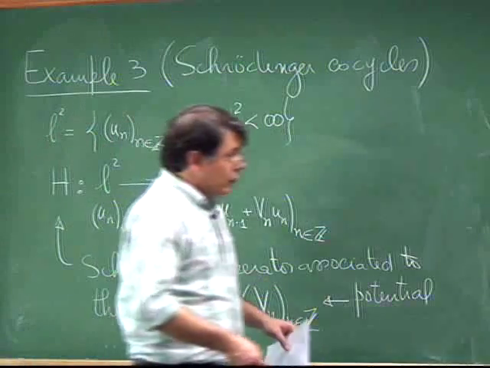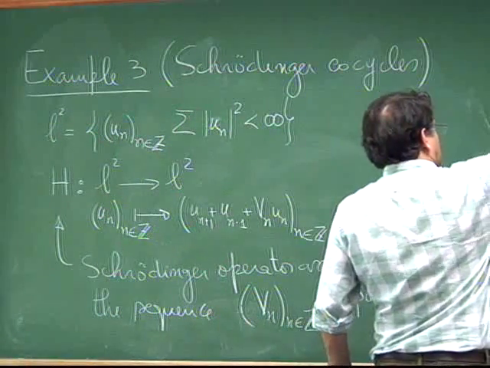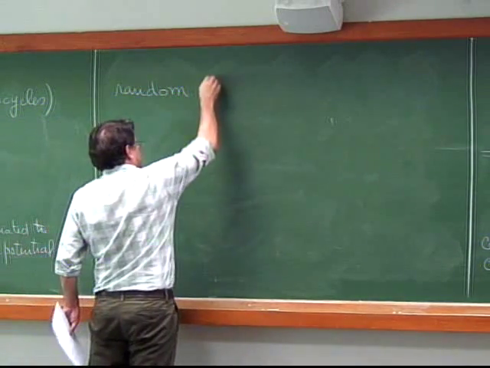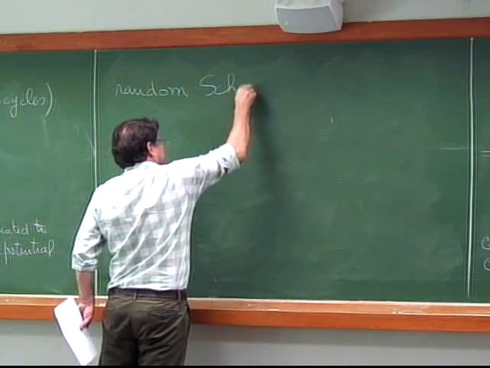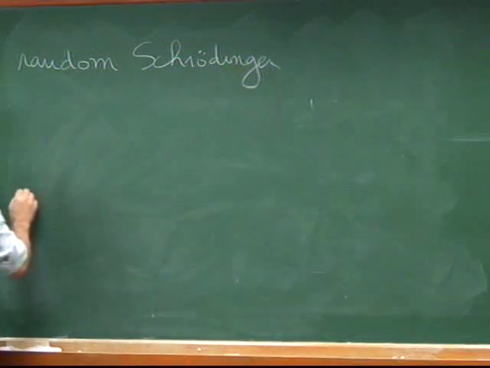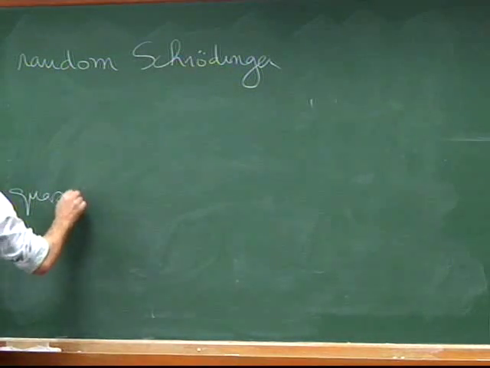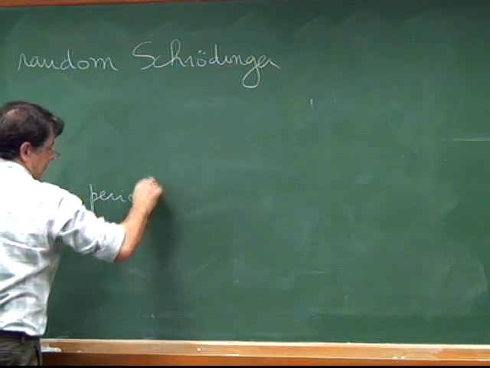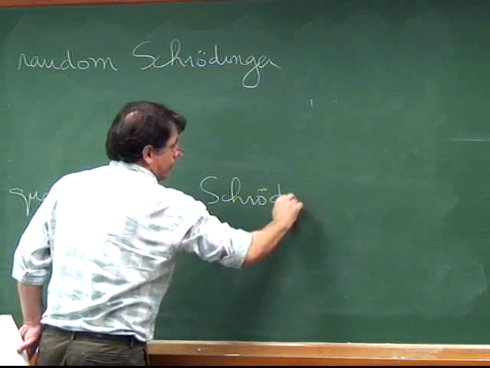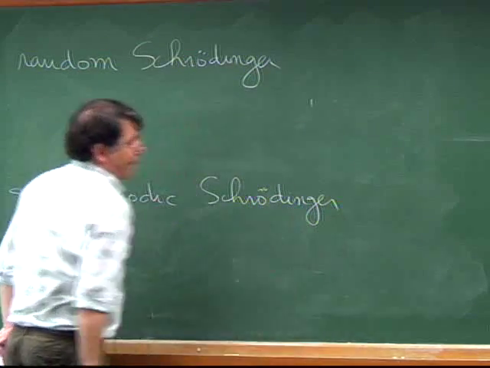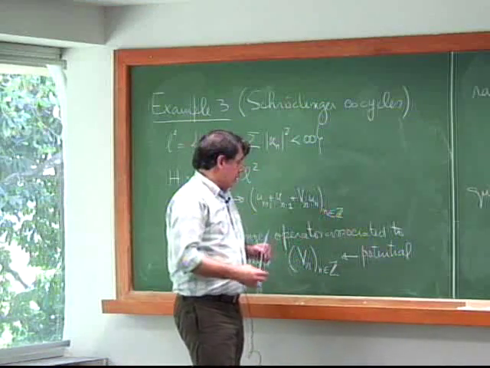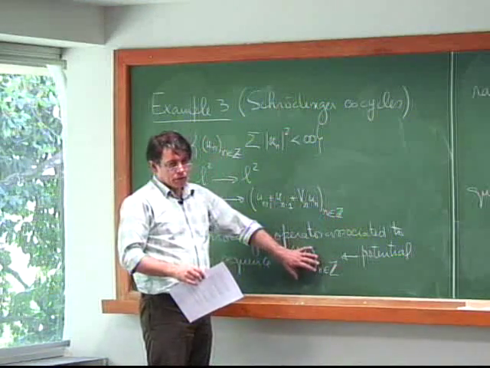There are at least two important classes of Schrödinger cocycles: random Schrödinger and quasi-periodic Schrödinger. The difference has to do with how you obtain V_n.